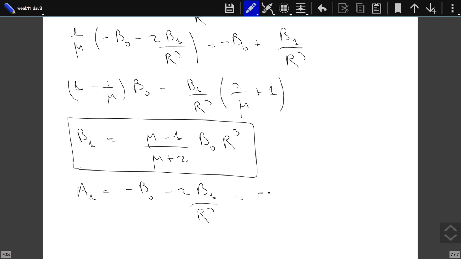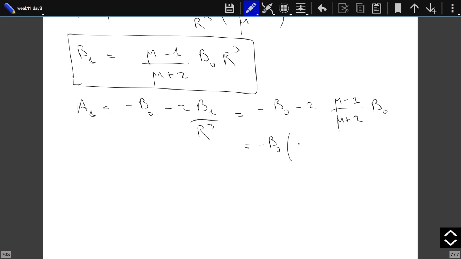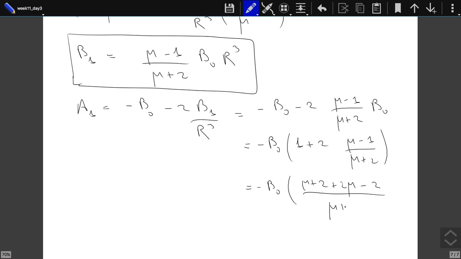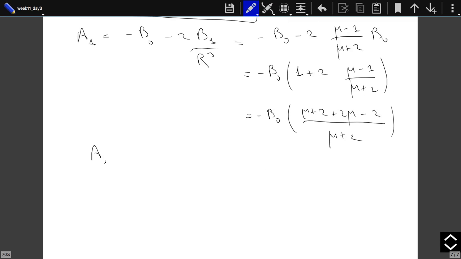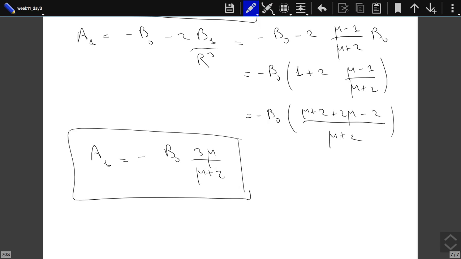And this is equal to minus B0 minus 2 times mu minus 1 divided by mu plus 2 B0, or minus B0 times 1 plus 2 times mu minus 1 divided by mu plus 2. This is equal to minus B0 times mu plus 2 mu minus 2 divided by mu plus 2. So A1 is equal to minus B0 times 3 mu over mu plus 2. This is my A1.